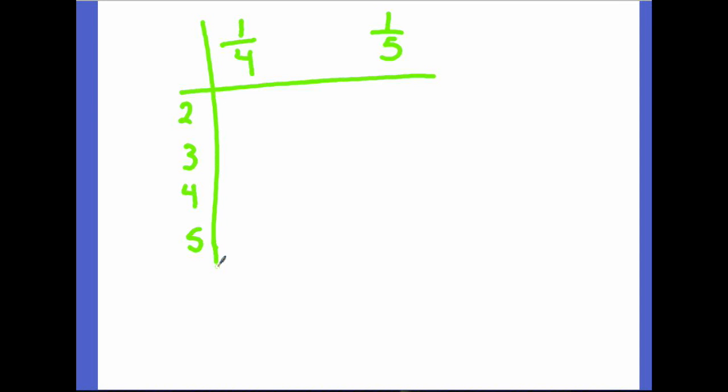And in order to do that, I would say times 2, and that would double it, times 3, that would triple it, but they would all be equivalent fractions.